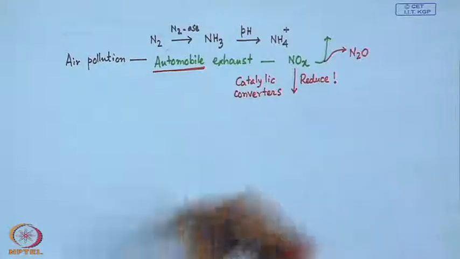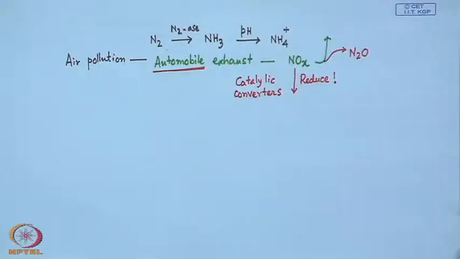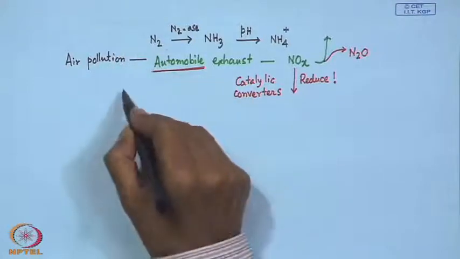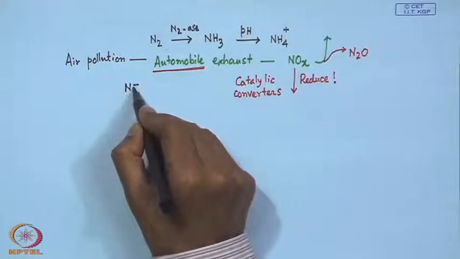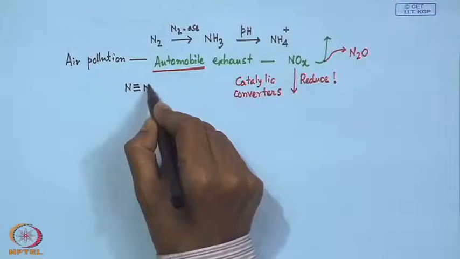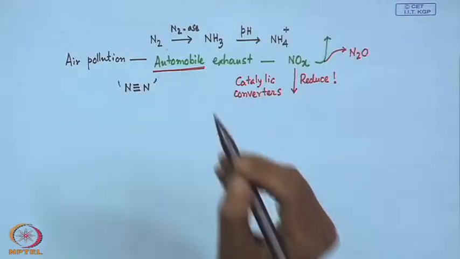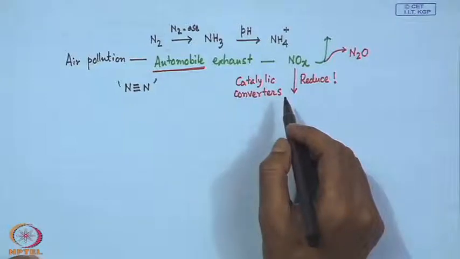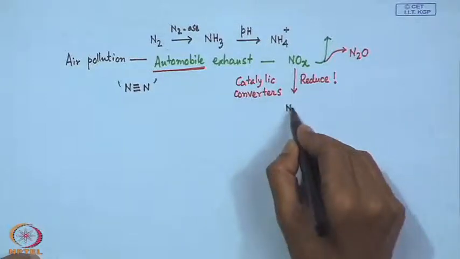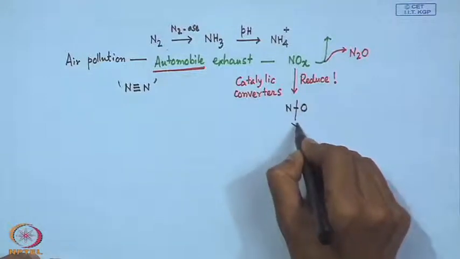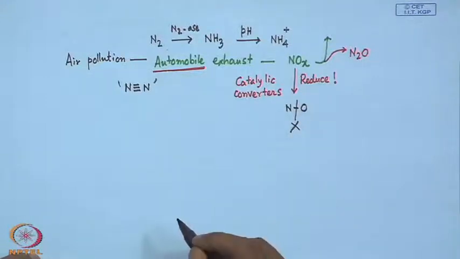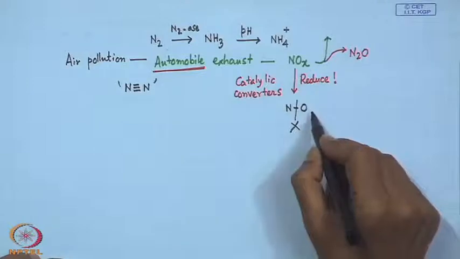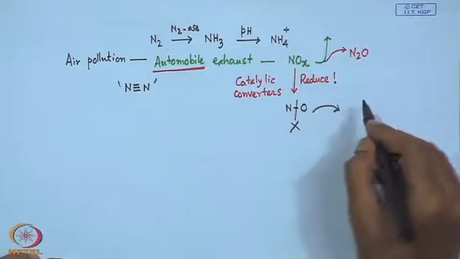So, catalytic converters are there with the idea that in these NOx molecules, initially we are facing the problem of how we can convert the nitrogen triple bonded molecule to some useful products like ammonia. Here also we have this NOx type of molecule, and the question is how we can break this particular nitrogen oxygen bond such that the catalytic converter can produce.